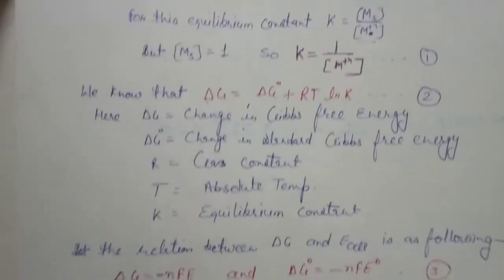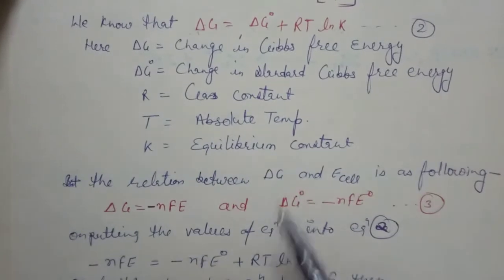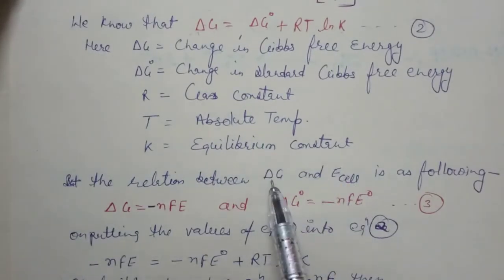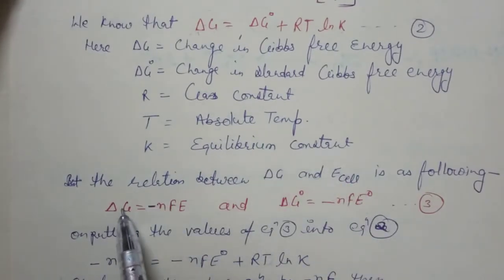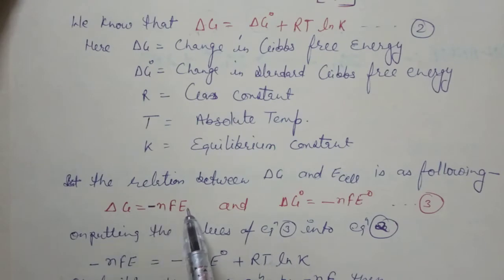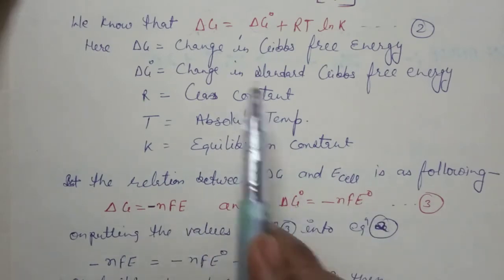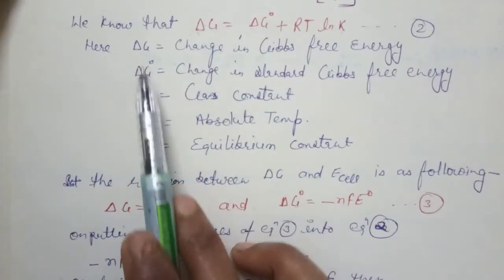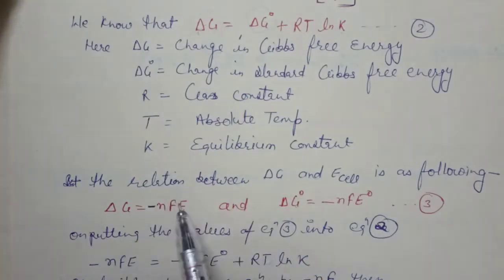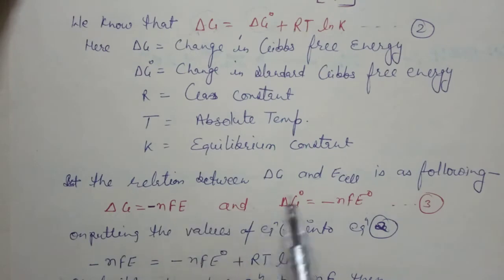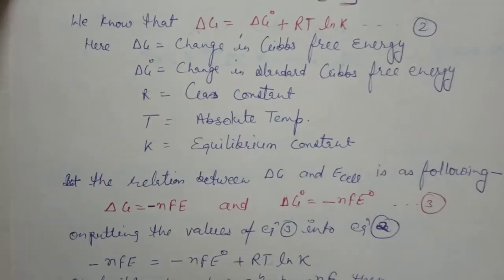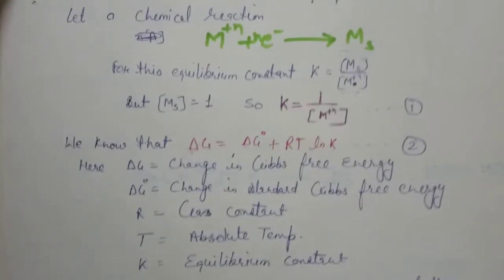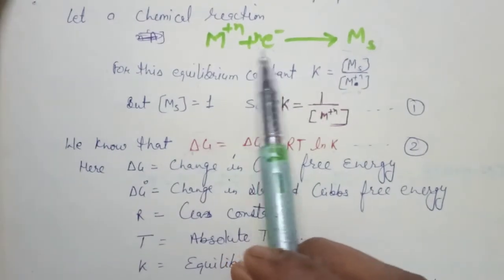One more relation between E cell and delta G is given by Gibbs, that is delta G is equal to minus nFE and delta G naught is equal to minus nFE naught. Delta G and delta G naught are the Gibbs free energy in experimental conditions and standard conditions. n is the number of electrons exchanged in the redox reaction, meaning how many electrons are taken or gained in the redox reaction.